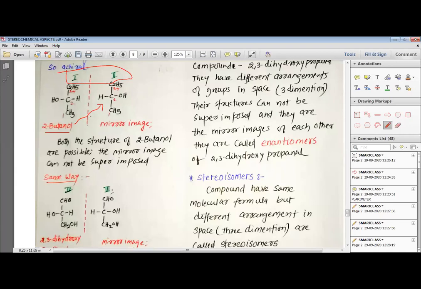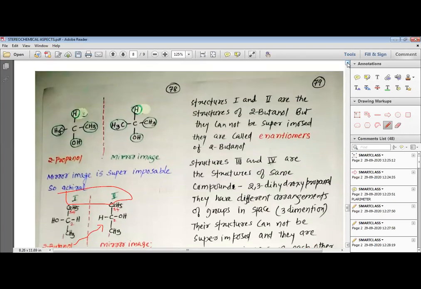So, we call this structure 2-butanol too. We call both of these structures butanol. They are the structures of butanol only. Structure 1 and structure 2 are the structures of 2-butanol, but they cannot be superimposed. They are called enantiomers, my dear students.